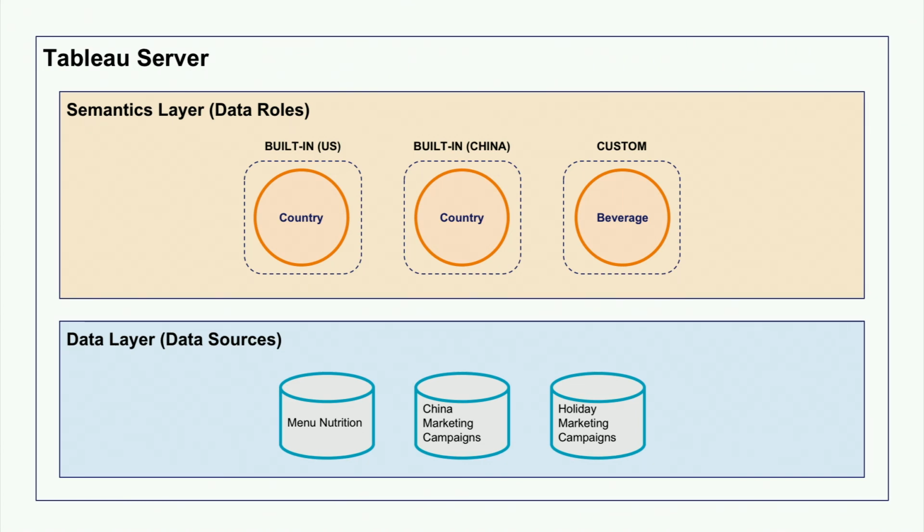So the architecture that Tableau is starting to build out is this separation between the data layer, which is where your data sources live, it's where your workbooks live, and a separate semantics layer, which captures these shared, agreed-upon understandings of what your world looks like. And then individual data sources can get mapped to roles that exist in that semantics layer.